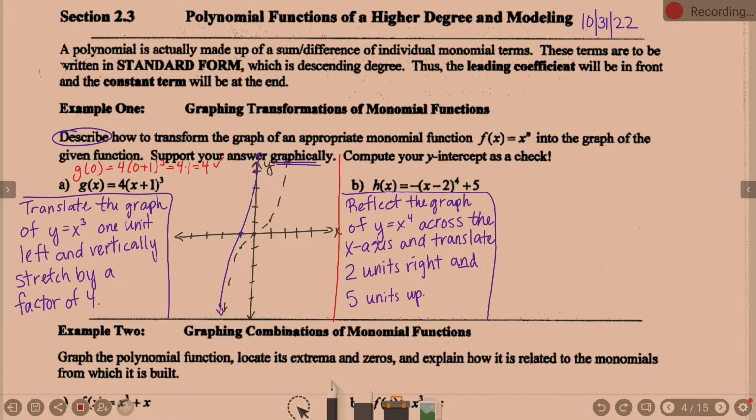Let's see. I have to be able to go up 5. So it looks like I allowed room to go up 6, down 3, and left and right 5.